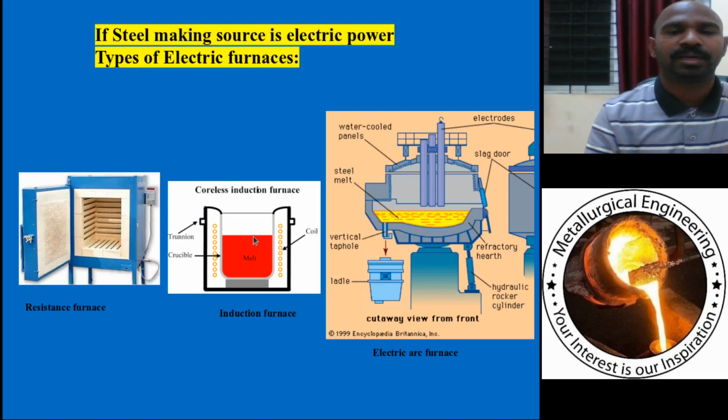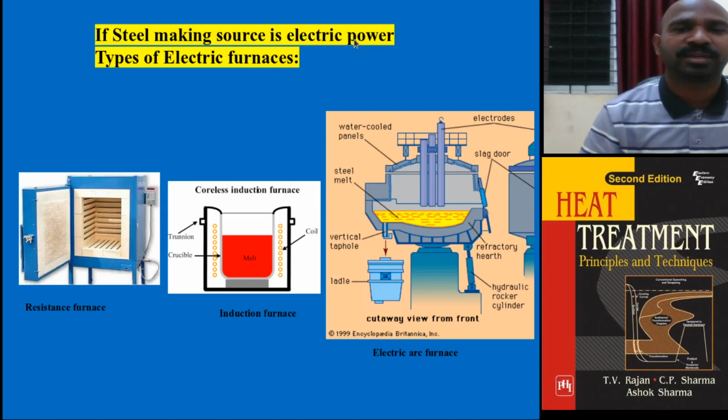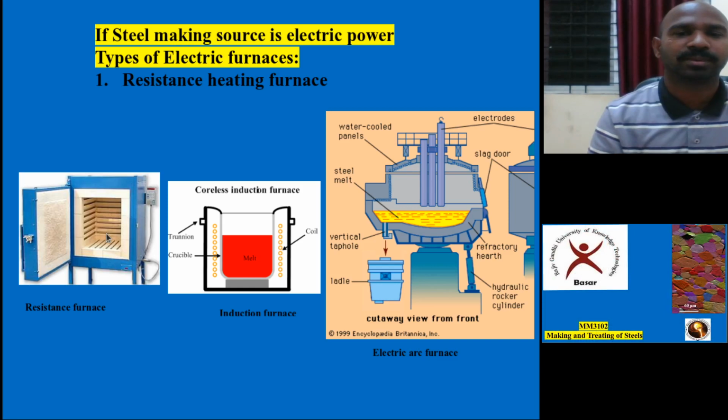Straight away let me go to, if the steel making source is electric power, there are many types of electric furnaces. Starting with one, the resistance heating furnace, which is mainly used for heat treatment such as normalizing and annealing of steels especially. And the second one is the induction heating furnace.